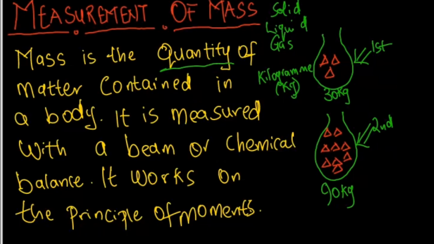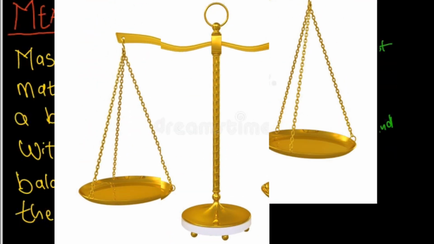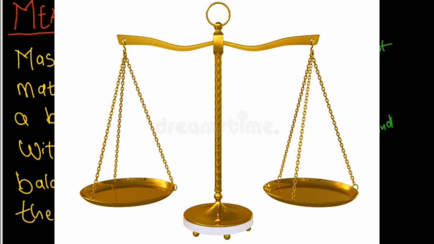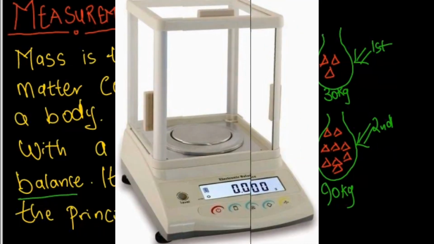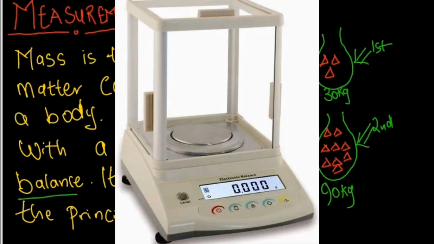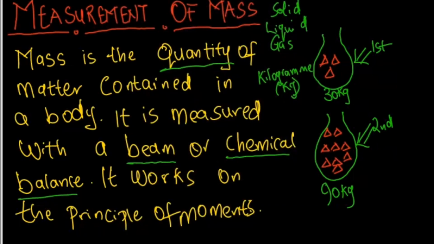Now the measuring instrument which is of importance to you, which we use for measuring mass, is called the beam balance, just as it is displayed on your screen. Now in the beam balance we can place certain mass to find out the real mass of a particular substance, or in chemistry we can make use of what we call the chemical balance. The chemical balance is used for measuring chemical substances that have very small mass, to be very precise in our measurement.